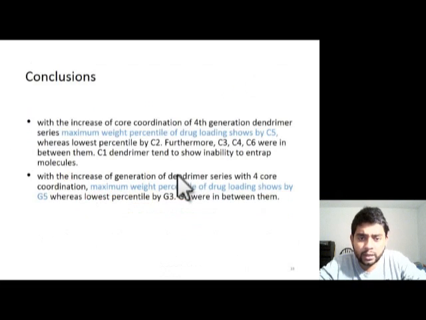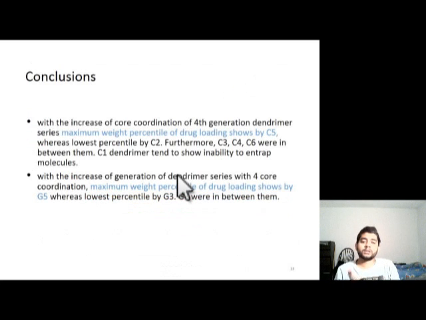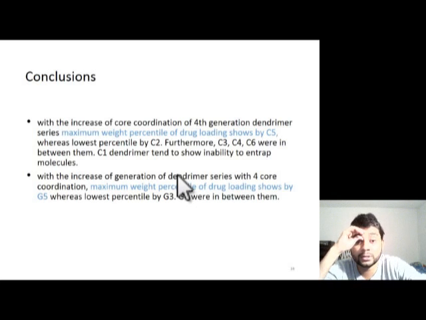In the conclusion, I can say the maximum weight percentage is reached when we change the co-coordination while keeping the generation constant. What we observe is C5 has the highest ability to capture the molecule, and C1 has no ability to capture the molecule. C2 was the lowest, and C3, C4, and C6 were in between C2 and C5.